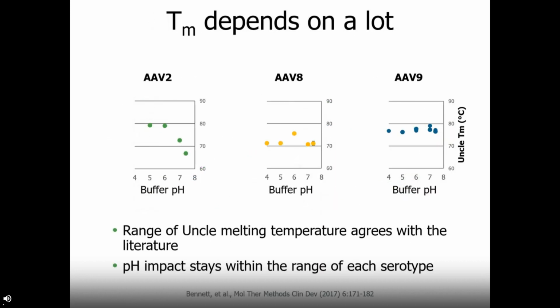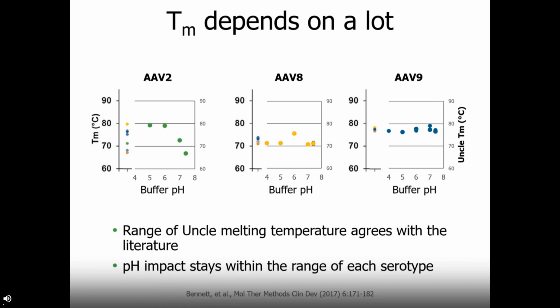If we plot for our 3 serotypes the data where we're looking at different buffers and trying to understand how they behave, we can see this relationship between buffer pH and melting temperature of the capsid proteins. And just to the left of each graph, we can again add in that data from Bennett and see that pH is a really nice tool that can take AAV stability across the same range of stabilities that Bennett saw in their buffer screen.